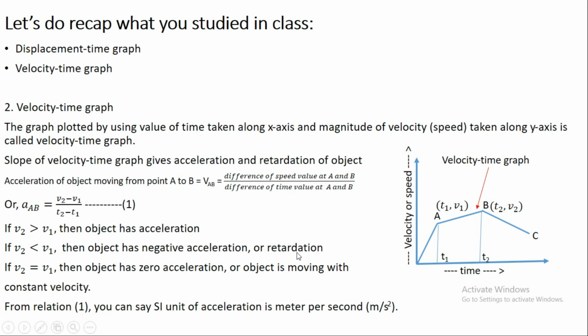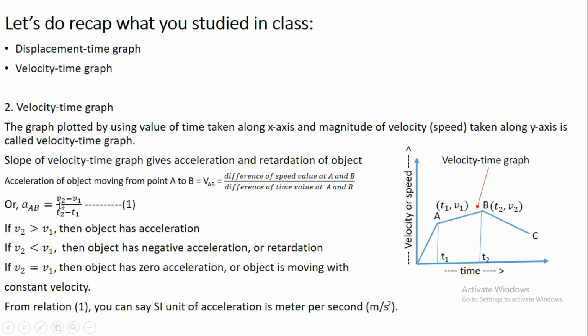So retardation is simply the negative rate of change of velocity of the object. In that case v2 minus v1 gives a negative difference, because you have to subtract a larger number from a smaller one.